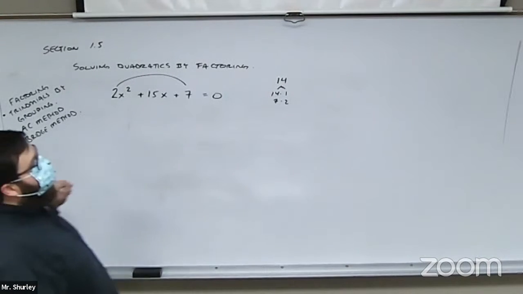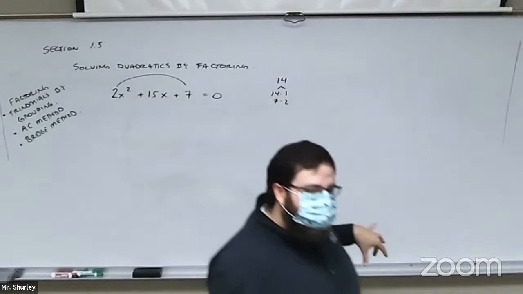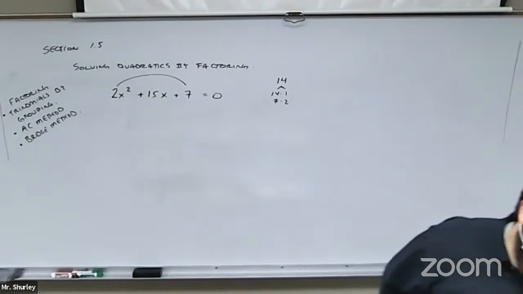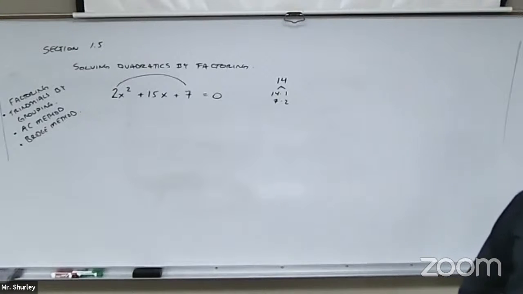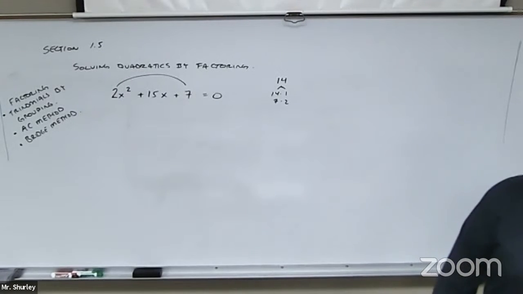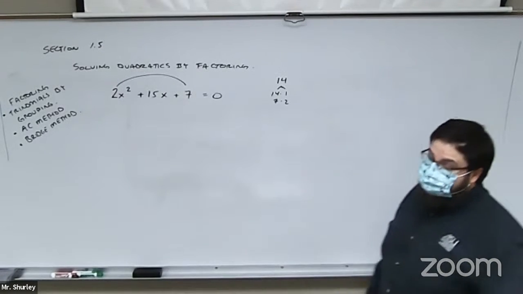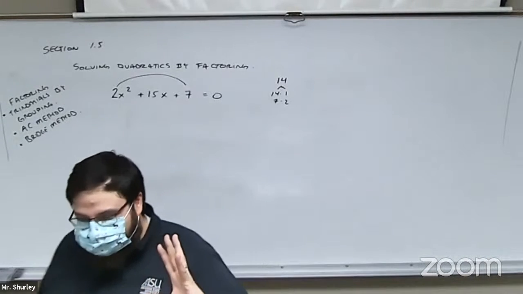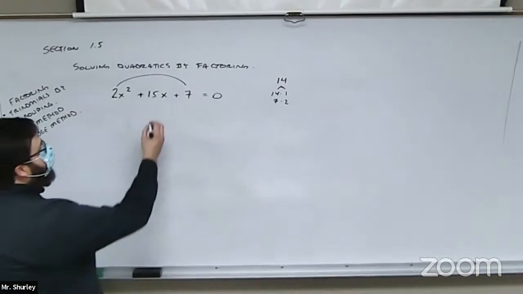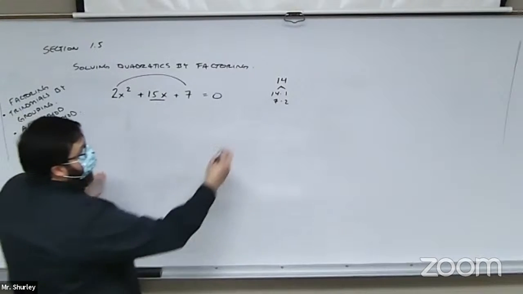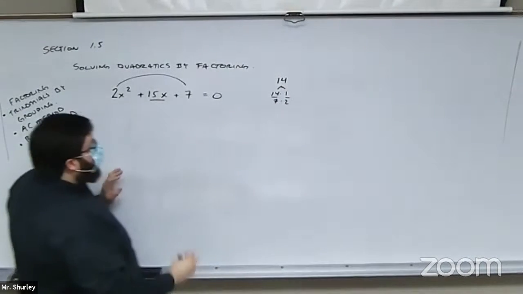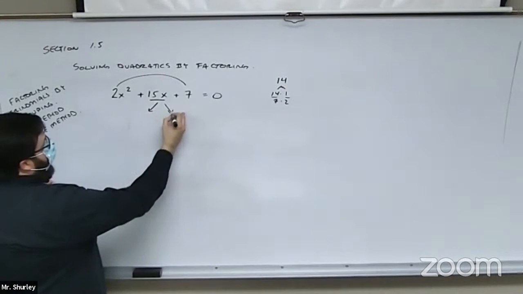What we actually do is we break that middle term into 2 terms, and it creates a factoring by grouping example. So if you don't know what factoring by grouping is, you're about to learn it. We're going to break this 15x into 14x and 1x. So you break it in half in a way.